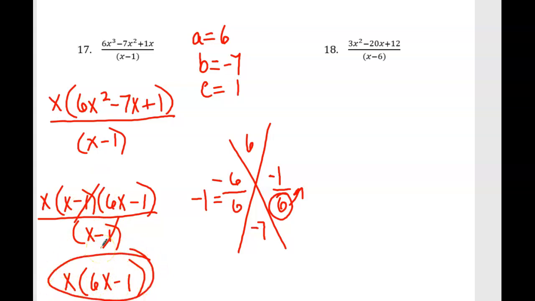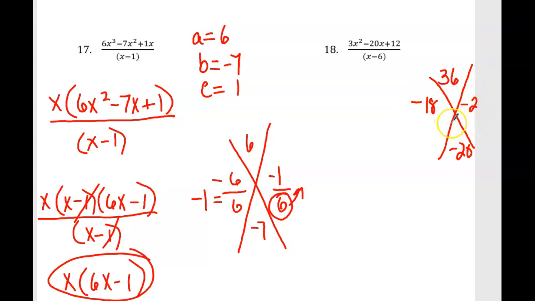Okay. And then the last one we've got here, well, there's no greatest common factor, so I'm going to put a 36 up top. A times c, I've got a negative 20 down at the bottom. And because I've got a leading coefficient of 3, it's not going to be a negative 6 as my factor, but I can do negative 18 and negative 2.